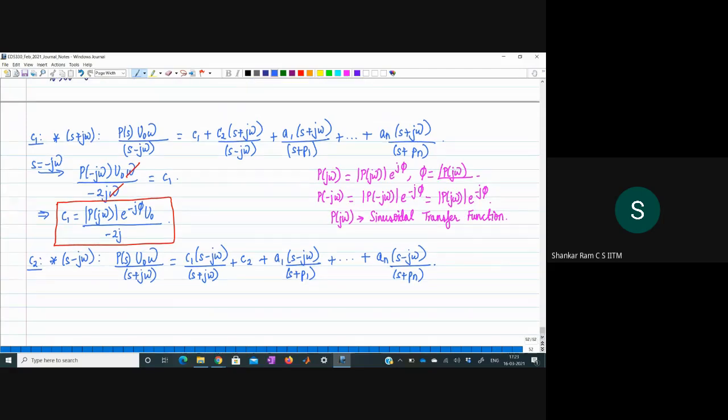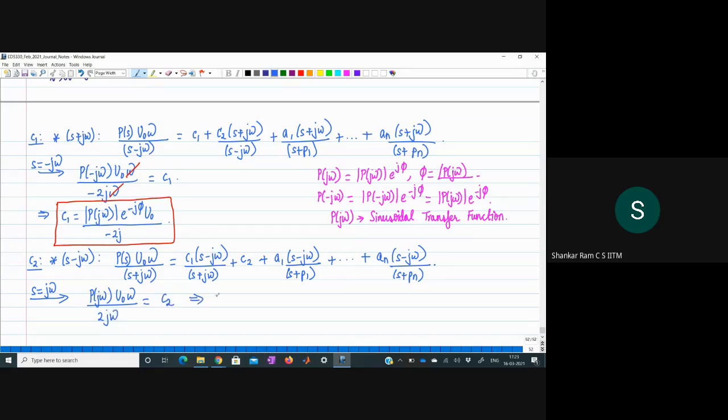So then we essentially substitute s equals j omega. The root of s minus j omega is s equals j omega. So what happens? You will get P of j omega u naught omega divided by 2j omega, and that is going to be equal to C2.